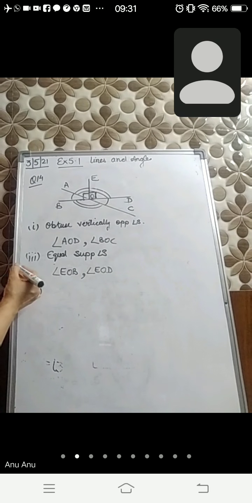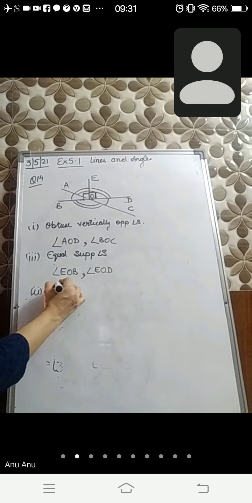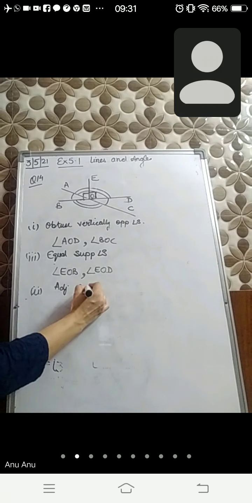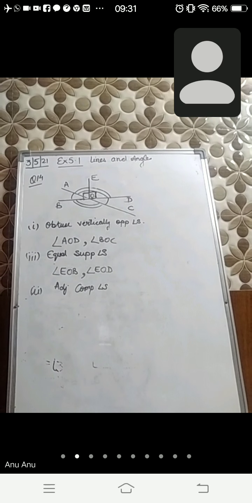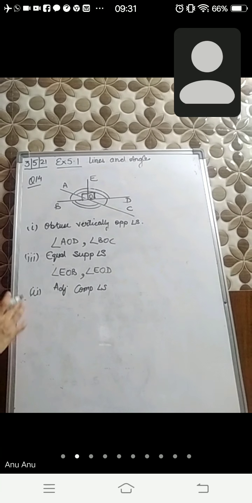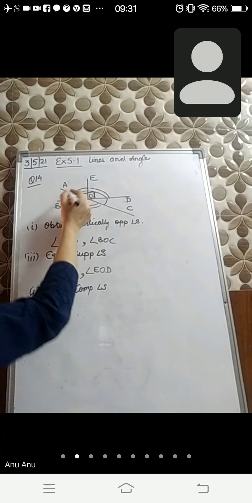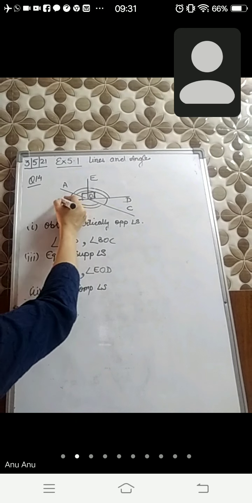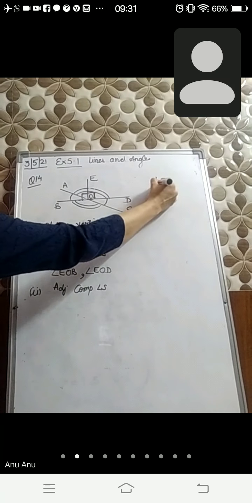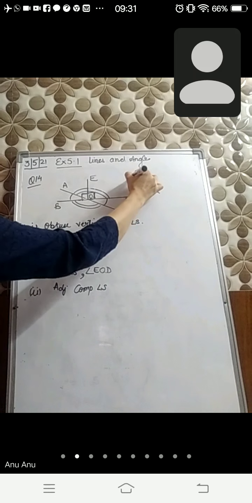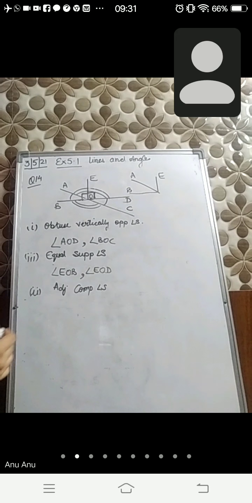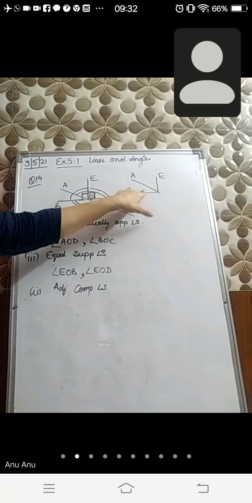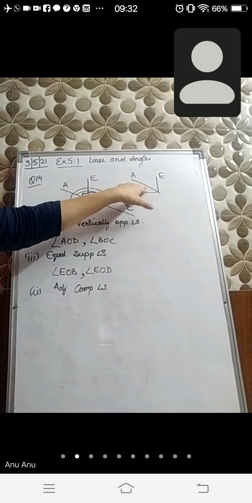And in case of the second part, you have to answer adjacent complementary angles. Adjacent means, beta, in this figure you can see this smaller part, if I draw it here as a single part, this is your A, this is your B, this is your E and this is B. This angle is 90 and the 90 is divided into two parts.